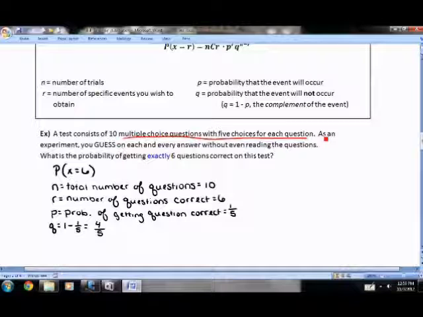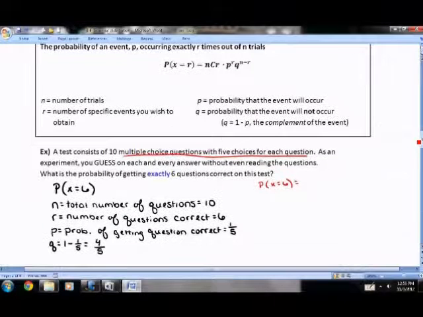So how do we actually figure out what the probability is overall? Well, we use the formula above. You had your P of x equals 6. So the probability of getting 6 correct is going to be your nCr. If you don't see it, just look above.